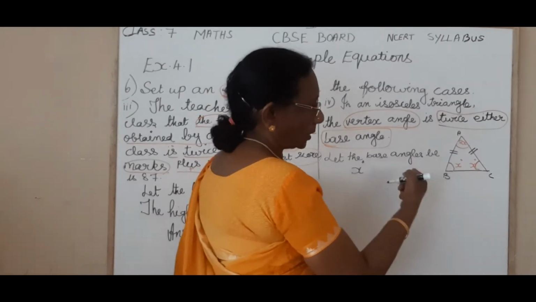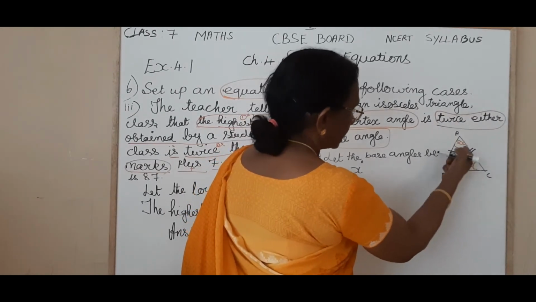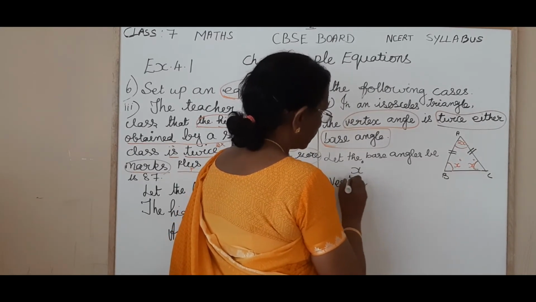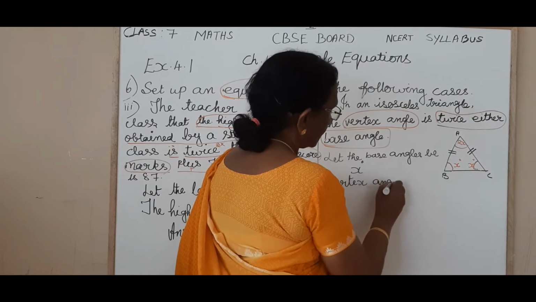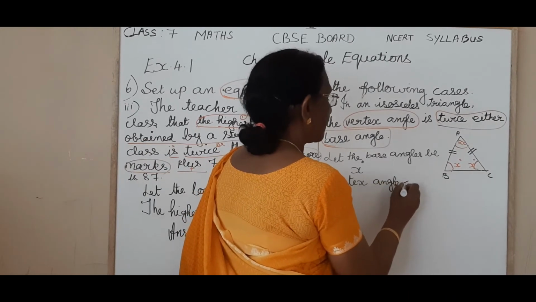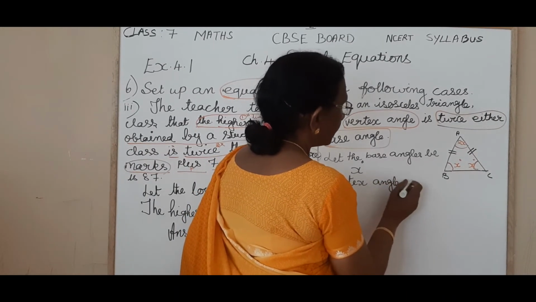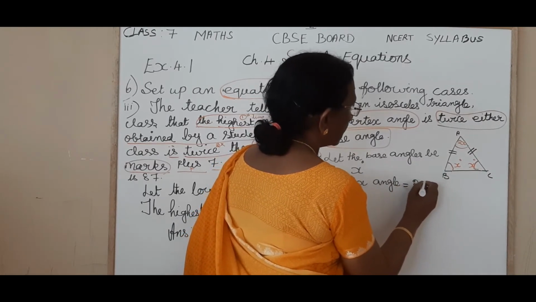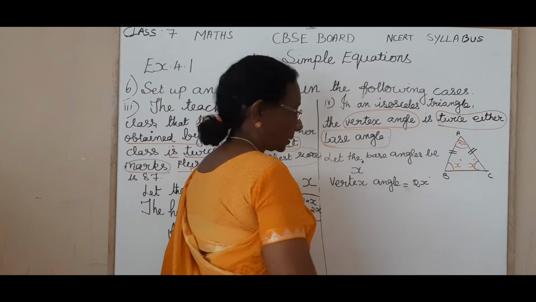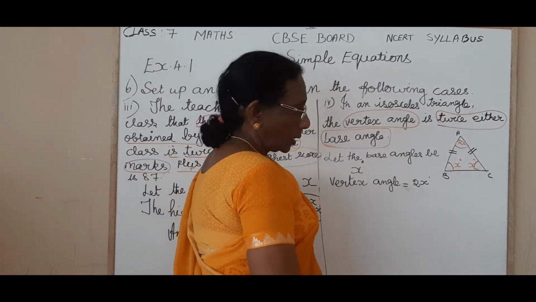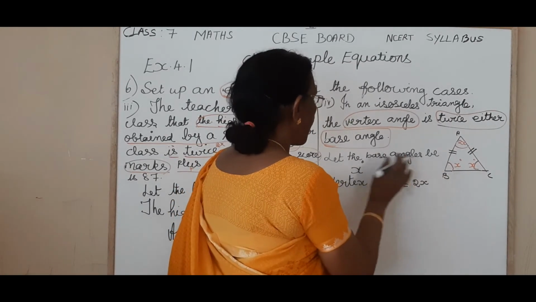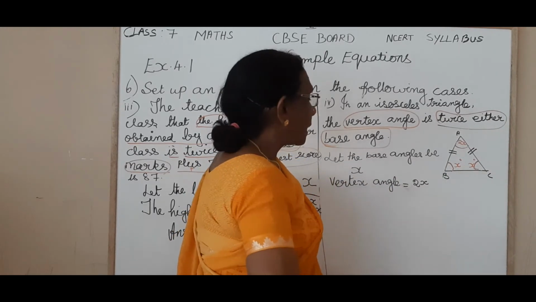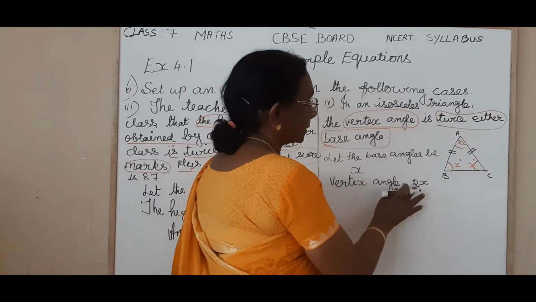So what are the measures of the three angles? x, x, and therefore what is the vertex angle? It is equal to twice the base angle. So 2x degrees. Or if you want, you can simply write x and 2x also. Okay, this is x, this is 2x.